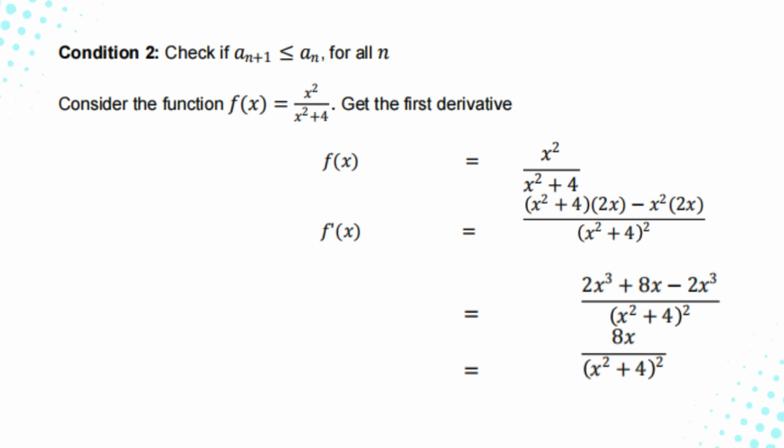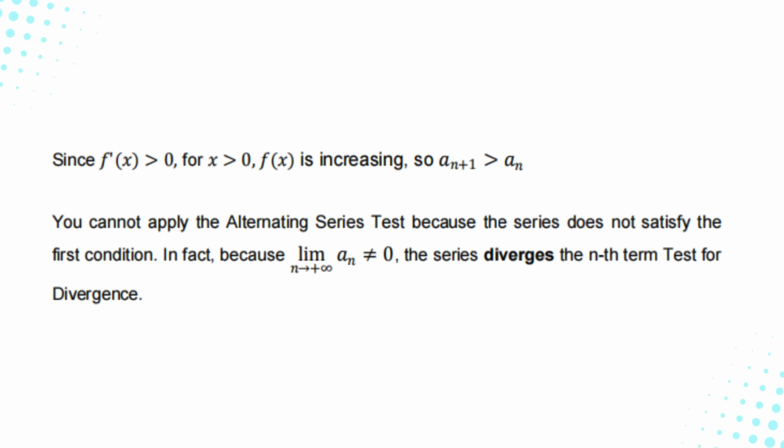Simplify the numerator, we have 2x cubed plus 8x minus 2x cubed over the quantity x squared plus 4 squared. So the final answer is 8x over the quantity x squared plus 4 squared.